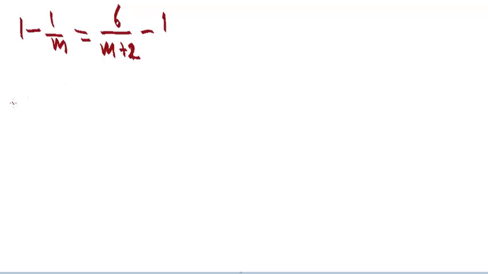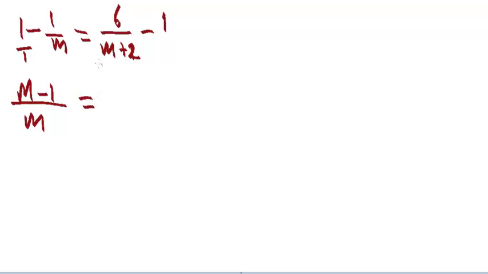We are finding the LCM for this side. The LCM for the left side, the one here is basically 1 over 1, and the LCM is m. So m divided by 1 is m. Then we multiply the m by 1 here, and that will be m. Then m divided by m is 1. We multiply that 1 by the 1 on top here, and that will be negative 1.